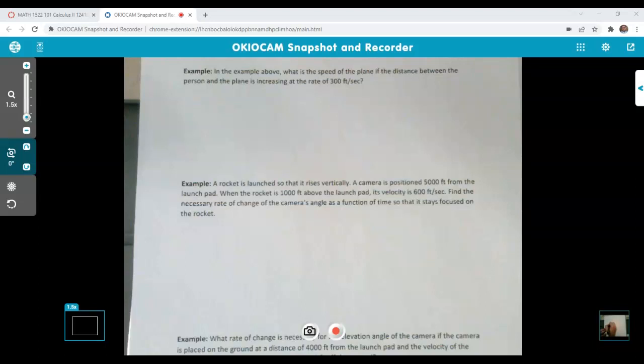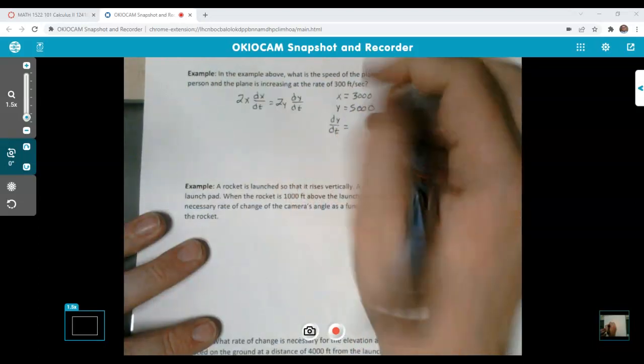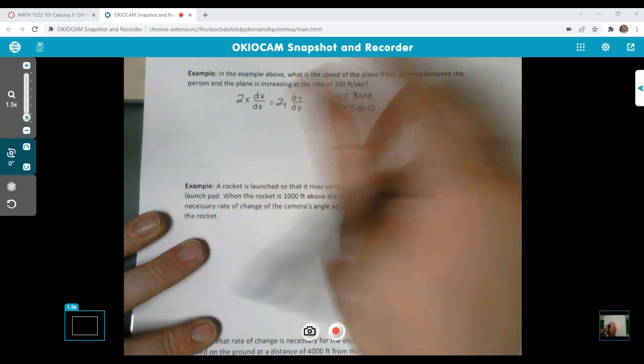We still have that. And it doesn't change anything else, so we still know that x is equal to 3,000, and we solved for y equals 5,000. But this time it's saying we know what dy/dt is, and we are saying that is 300.